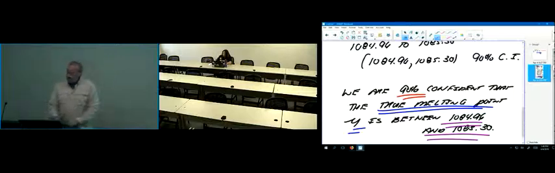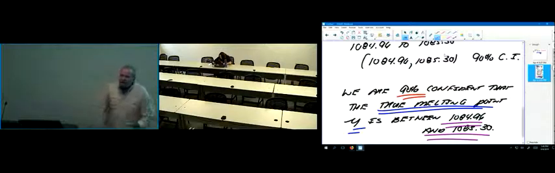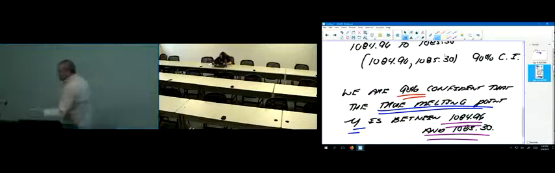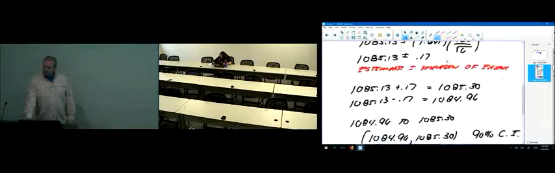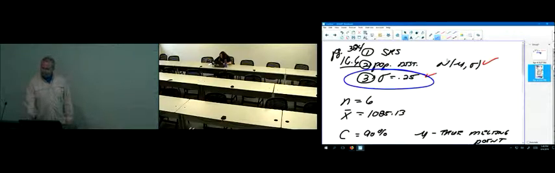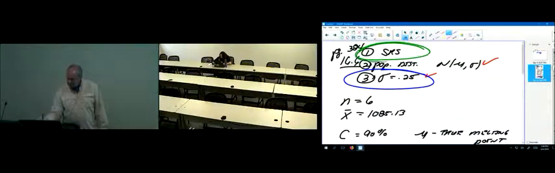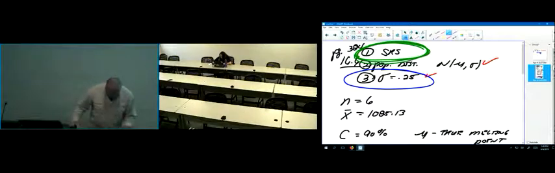Now, this whole problem, there wasn't anything stopping me from calculating, right? As long as I can find X bar, Z star, sigma, and n. What's the one piece missing here? Nowhere did I see, let's assume this is a random sample. So should I take all this with a grain of salt?